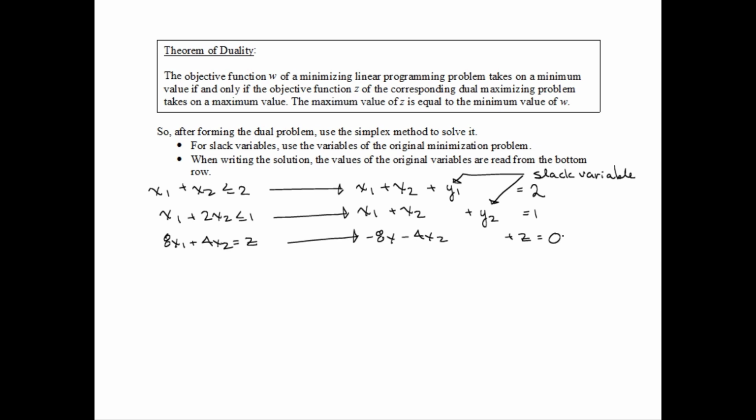And we use this to write our initial simplex tableau. And I'm going to label my variables across the top. So I have x1, x2, y1, y2, z, and my right hand side.